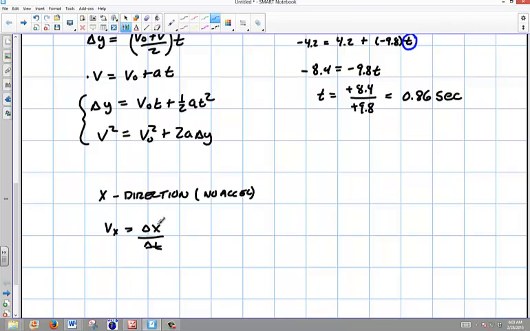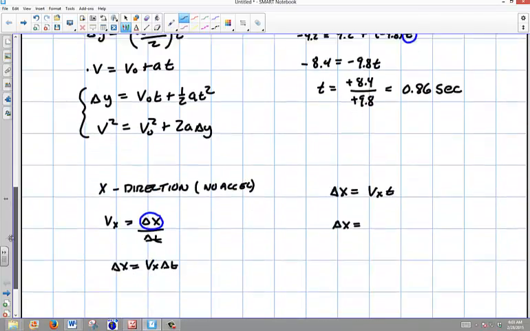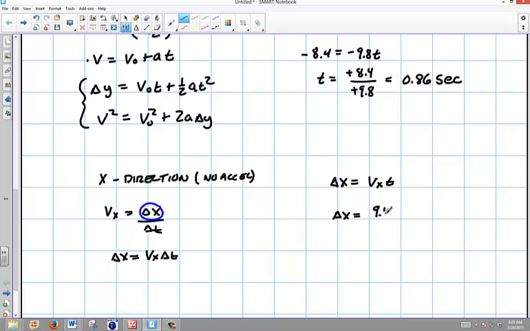So for no acceleration, it's a very easy situation to deal with. I just have this equation. And what am I looking for? I'm looking for the range, which is delta x. And I solve for delta x. So delta x is going to be Vx times the time. So we'll just do it over here. Delta x is going to be 9.1, which is my Vx, times the time, which is 0.86 seconds.